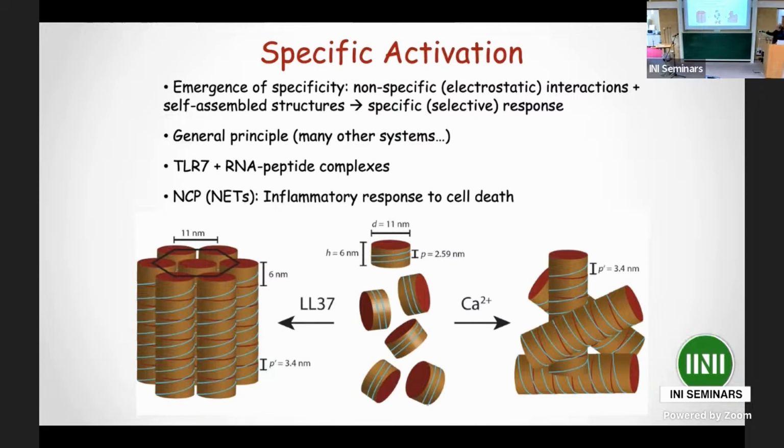It becomes larger. You see here, it becomes close to 3.4 nanometers, which is exactly the sweet spot spacing that we had in our previous system. And not surprisingly, now to us, these NETs invoke a strong inflammatory response of the body. What we believe is that this exact pitch, again, is able to bind Toll-like receptors that then trigger an autoimmune response, which makes cell death inflammatory. This paper is still in progress, but it's a very convincing observation.